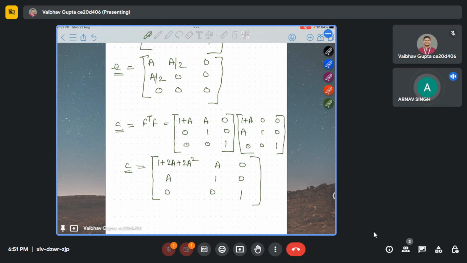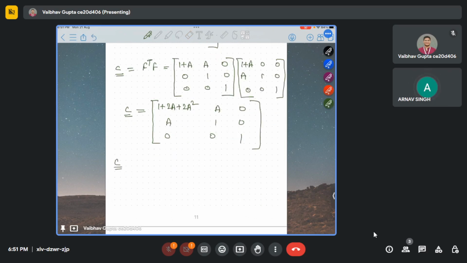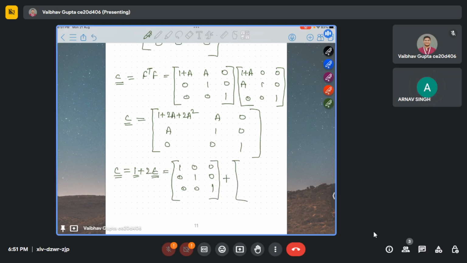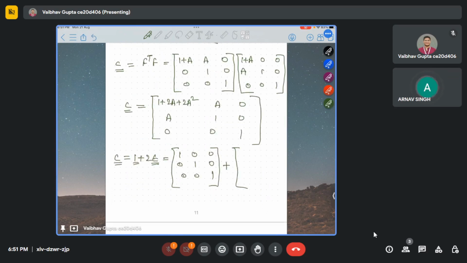Okay. And if I calculate C with this, what will you get here? I multiplied 2 also inside this epsilon.